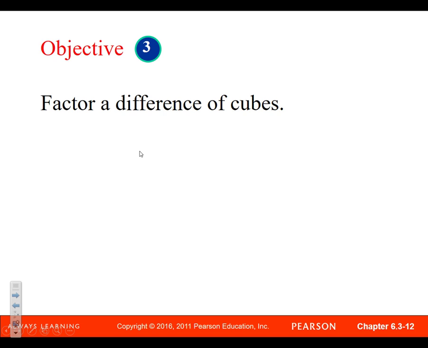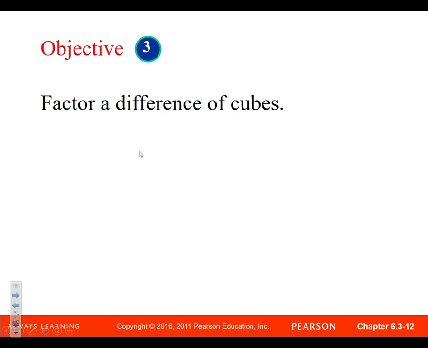Objective 3. Guys ready? Okay, so difference of cubes.